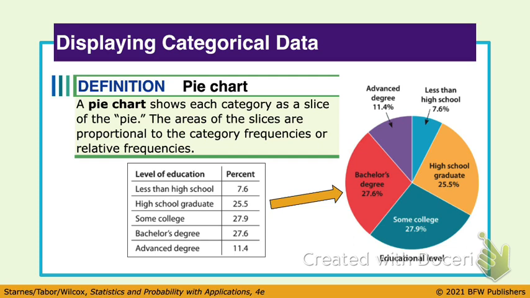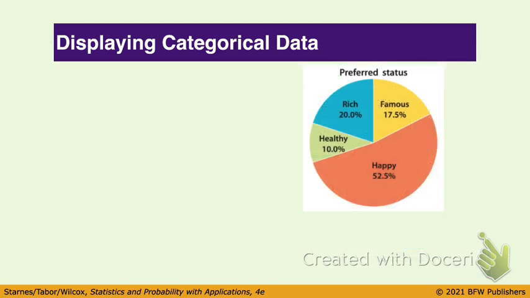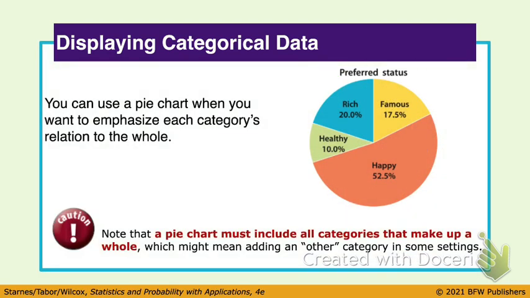Very rarely, a pie graph will have counts or frequencies. The only way that's okay is if you know the total number in the pie. But most of the time, you're going to see it in percentages. Again, it is also for a categorical variable.